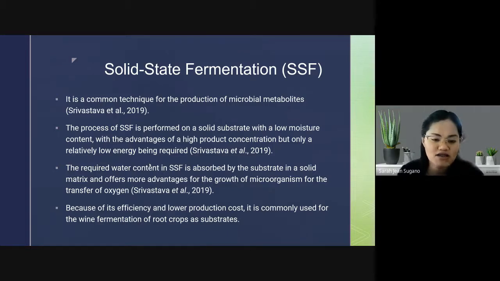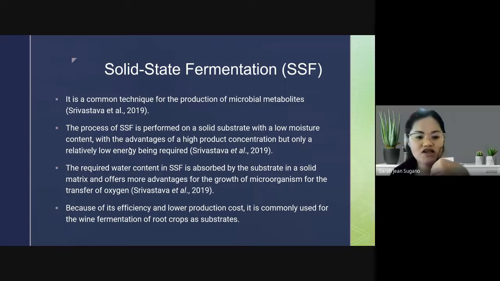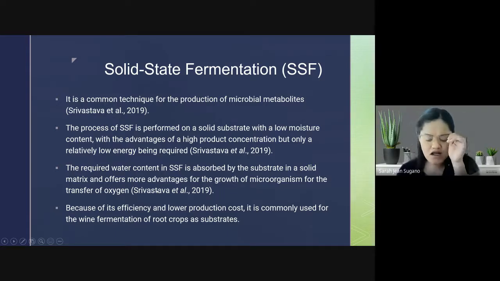The required water content in SSF is absorbed by the substrate in a solid matrix. And it offers more advantages for the growth of microorganisms for the transfer of oxygen because it has lots of solid particles.